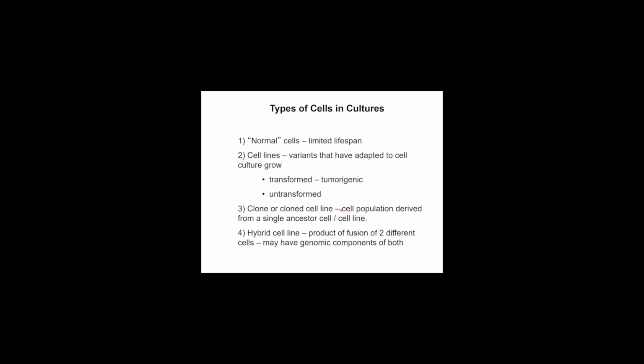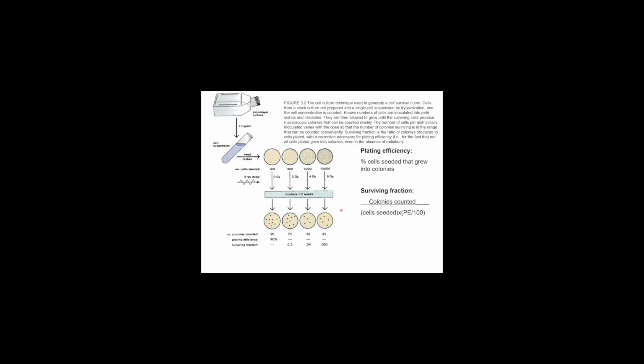Some are transformed cell lines that are like a cancer, and some are untransformed, so they behave much more like normal cells. There are then clone cell lines where they have maybe a particular feature, radio resistance, radiation sensitivity. And we can look at those. And then finally, there are rarely used some hybrid cell lines where you fuse two cells together and they may have some genetic components of each of them.